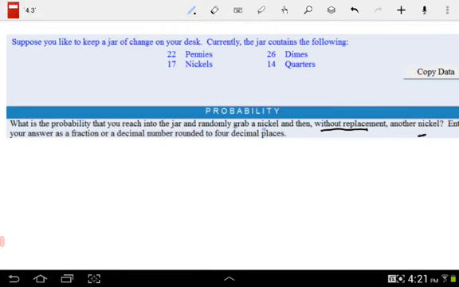So now let's look at the probability of choosing a nickel. So let's say we have 17 nickels out of, let's see our total real quick here. So I'm just totaling these up. That would be 39, that would be 40, so that would be 79. Now I'm going to multiply it times the probability that we choose another nickel.